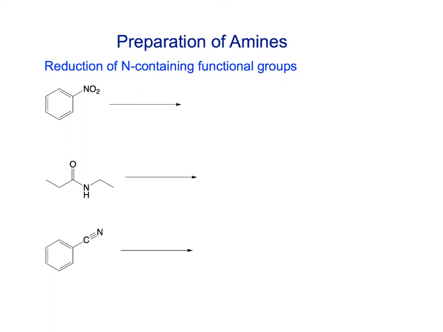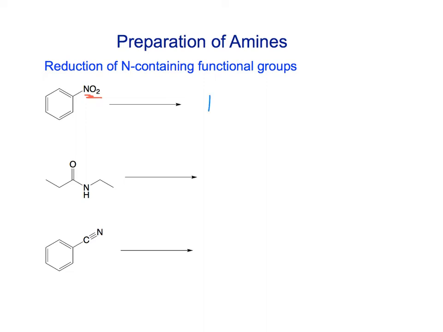Okay, so these are some methods we've already seen before, right? And these are all kind of reductive methods. So we can reduce any of these three functional groups to make amines, all right? So we can start with a nitro group, so we know how to put a nitro group on a benzene ring, and we had various reagents that we could use to reduce this.